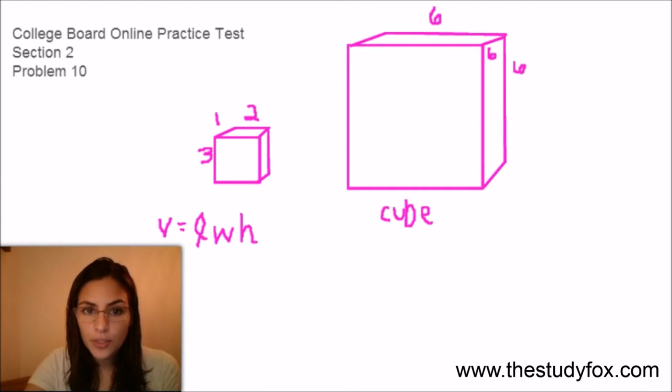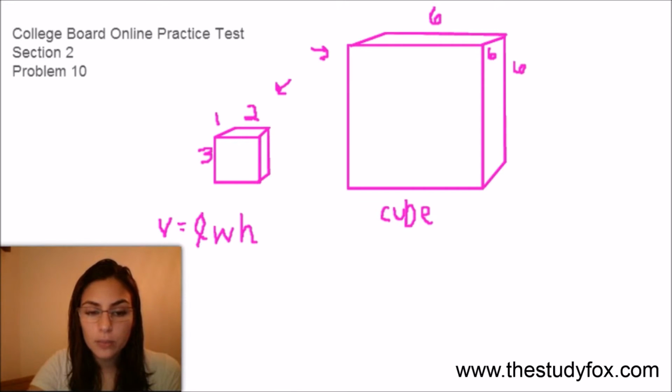Okay, so they want to know how many of the little boxes we can fit into the large box over here. And they're talking about putting something within a box, so they are looking at the volume of the box. So we need to find the volume of both of these boxes to see how many of the little one fits into the larger one.